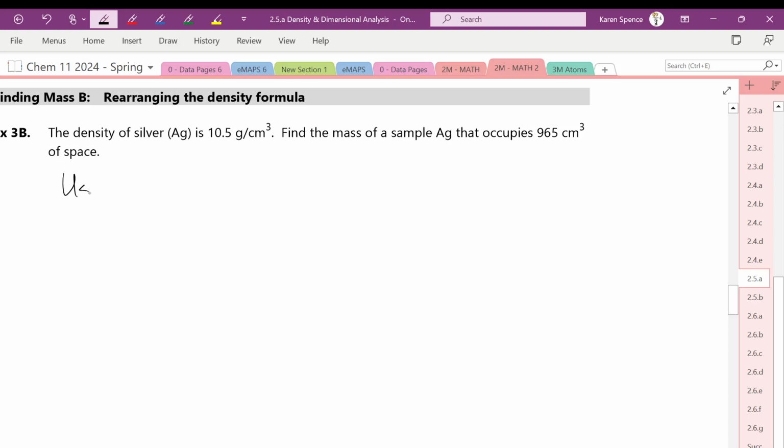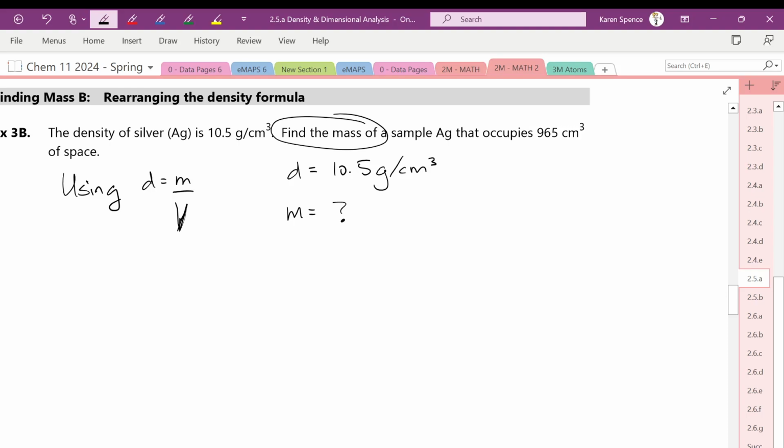Using the formula. We say, okay, what is D? D is 10.5 grams per centimeter cubed. What is M? M is, oh, it says find the mass, so we don't know the mass. And what is V? V is the volume.